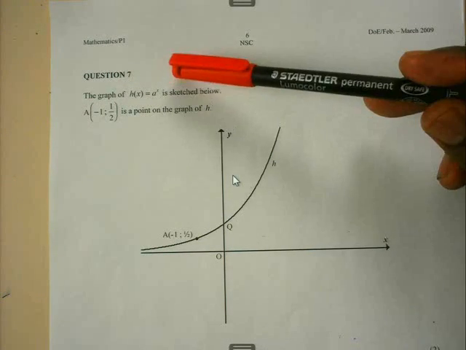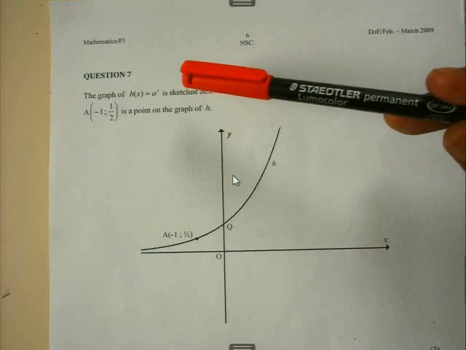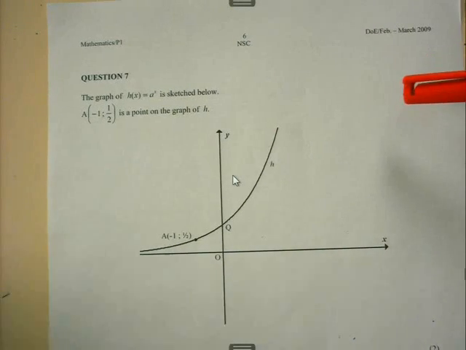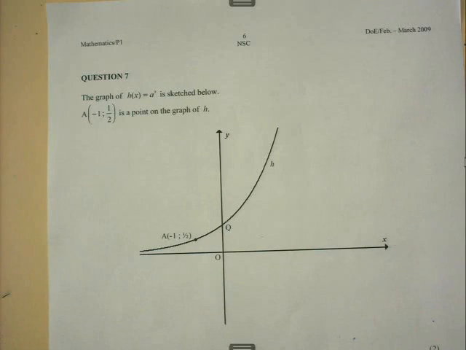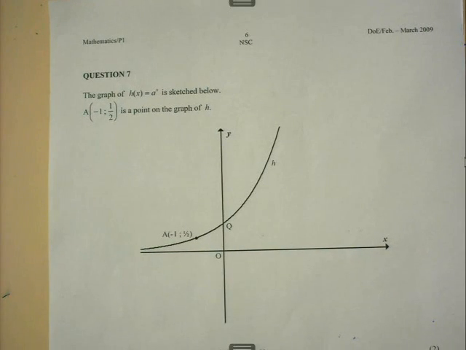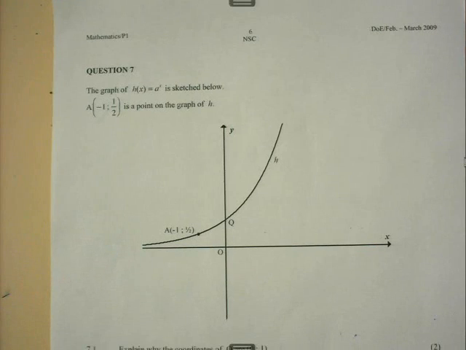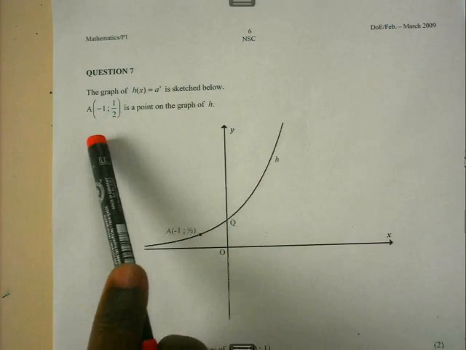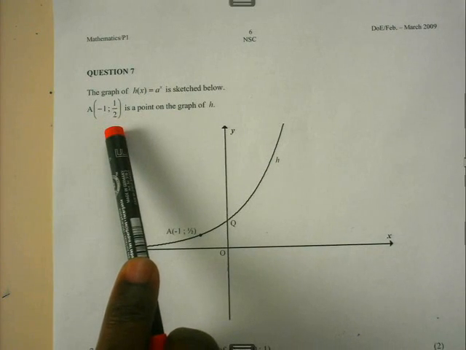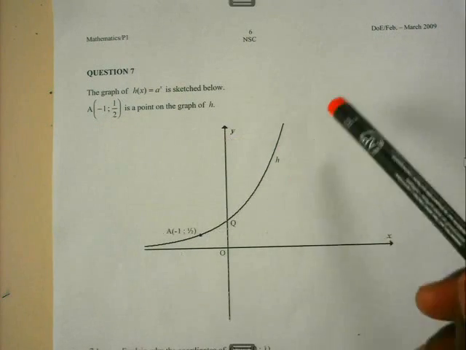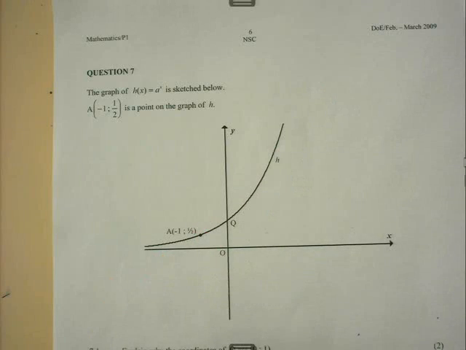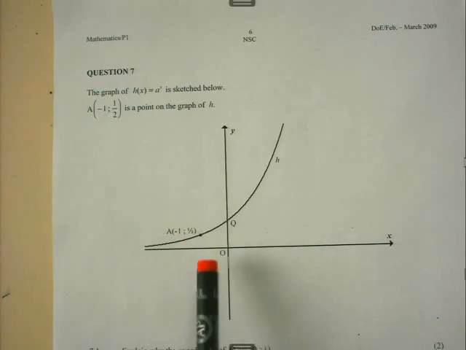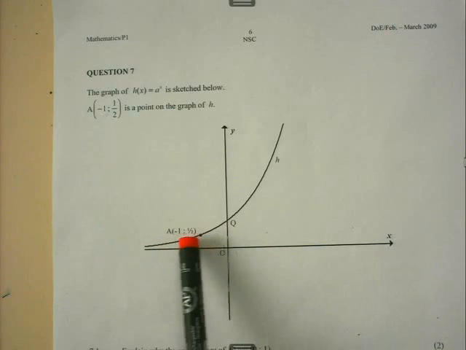The graph of h of x is equal to a raised to the power of x is sketched below. A is a point on the graph and has coordinates -1 and half.